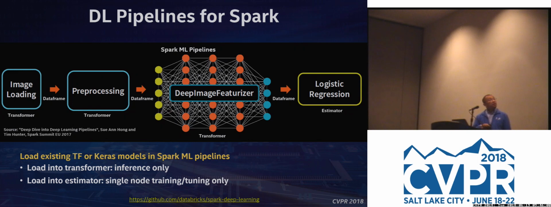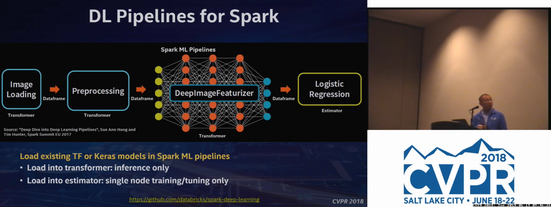And Deep Learning Pipelines for Spark essentially provides support to load existing TensorFlow or Keras models into your Spark ML pipeline. So you can load a TensorFlow model into a transformer. In this case, it's a transformer, which means you can use the TensorFlow Keras model to perform inference.